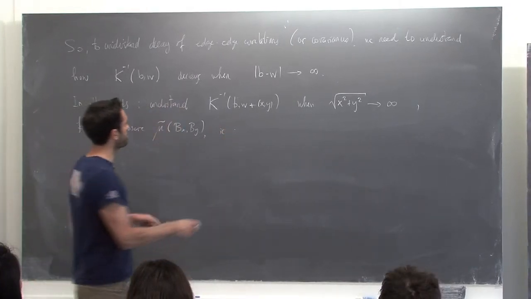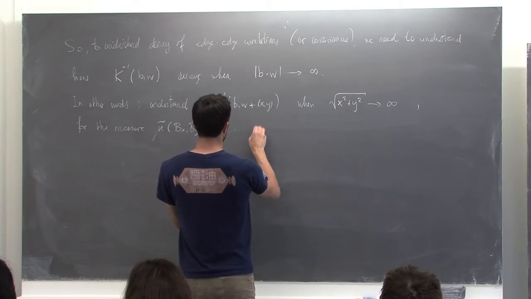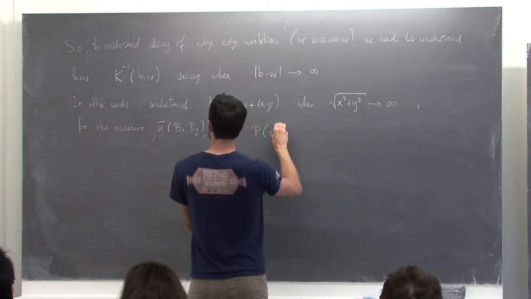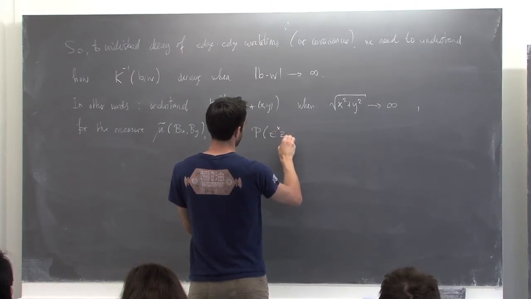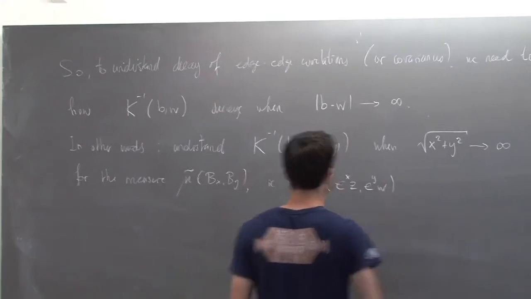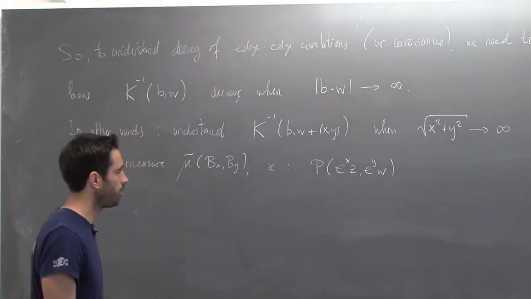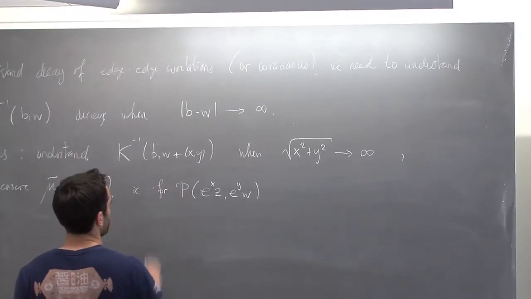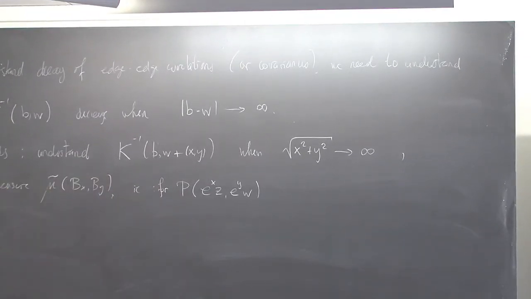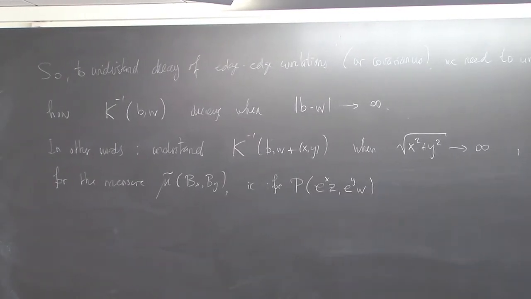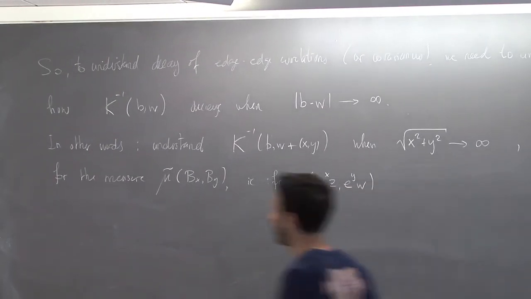Looking at this measure means, i.e., looking at P E^X Z, E^Y W. Okay, but I think we can still have a decent idea of what's going on.